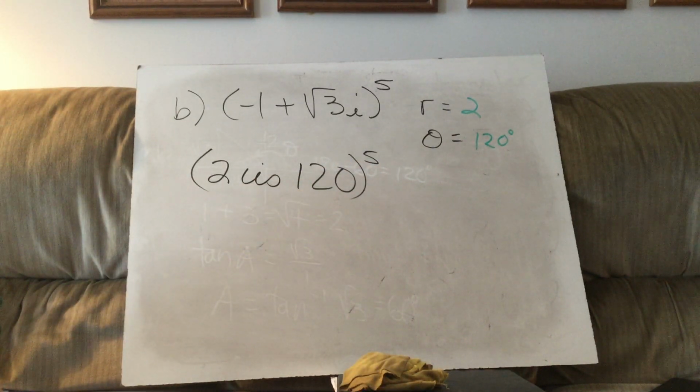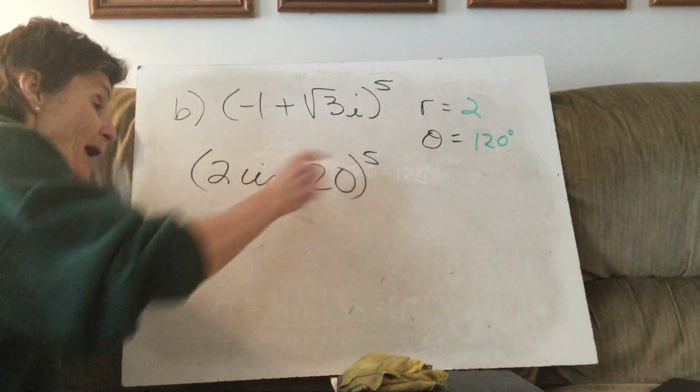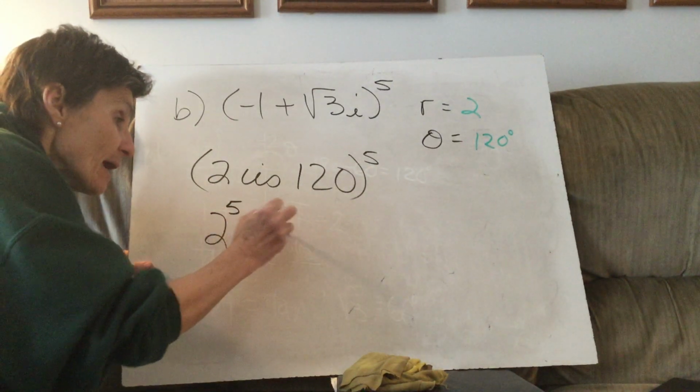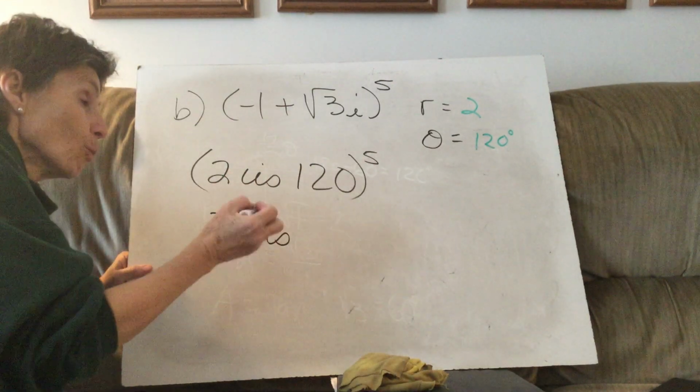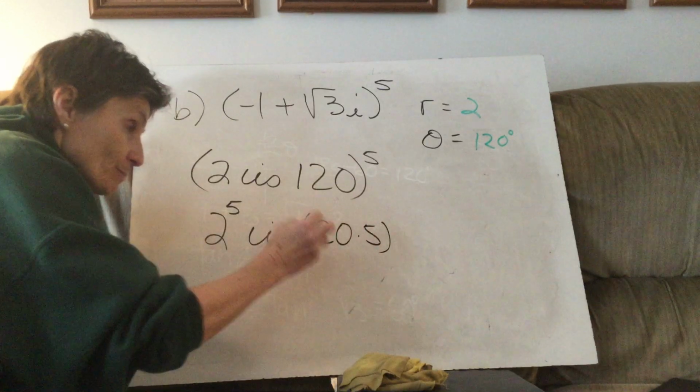De Moivre's theorem says, and we talked about this the other day, we take the radius to the power, so we're going to take 2 to the 5th, and then there's our CIS. We're going to multiply the angle times the power.